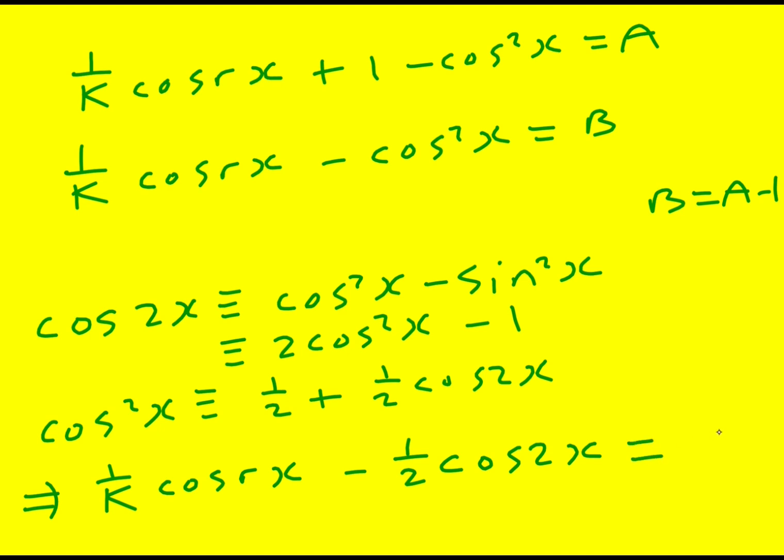Sorry, I'm introducing another one. I'll call it capital D, because what have I done? I have replaced this by this. So I'm minusing the half cos 2x. I'm actually minusing the half, so I just added the half to both sides. D is then b plus a half.